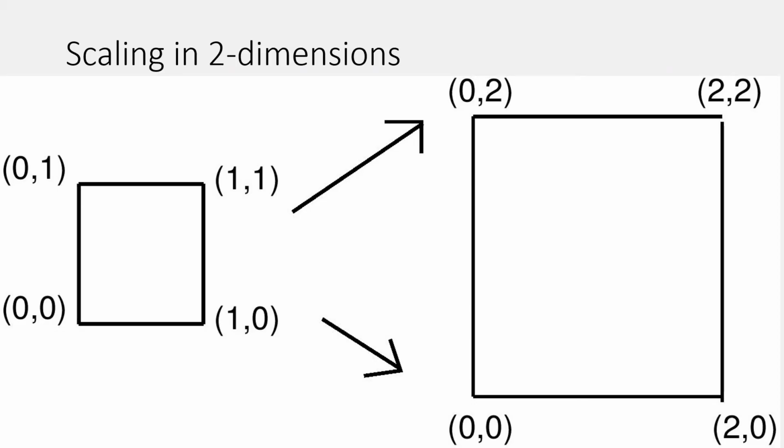So here's an example of applying a scaling matrix. We have a square which has side length 1. We want to draw a square which is twice as large. So the outcome of applying the two-dimensional scaling matrix would replace this square by this square here.